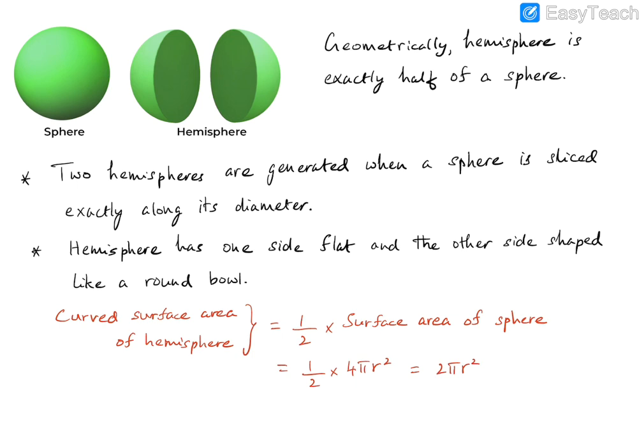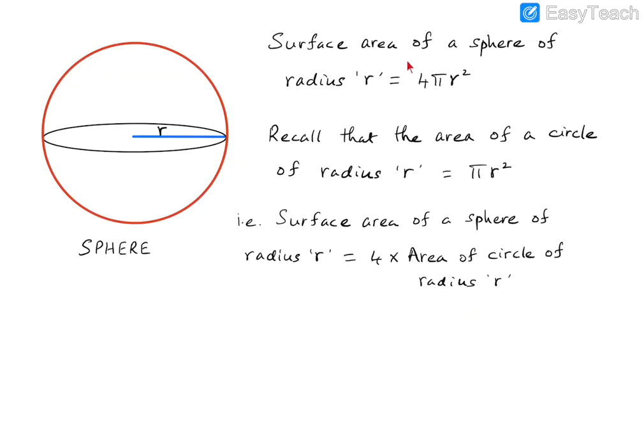Again, we will have 2 types of surface areas here, which is the curved surface area and the total surface area. In the sphere, however, the only surface area available is the total surface area, which is exactly equal to the curved surface area. So for a sphere, the curved surface area and the total surface area both mean the same thing, because there is no flat part on a sphere.